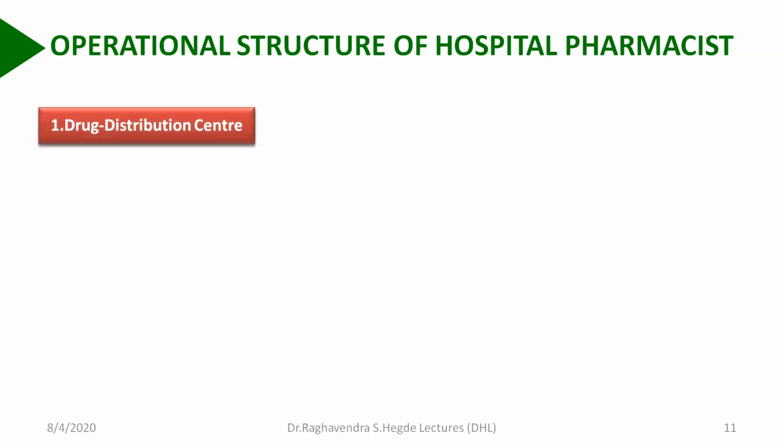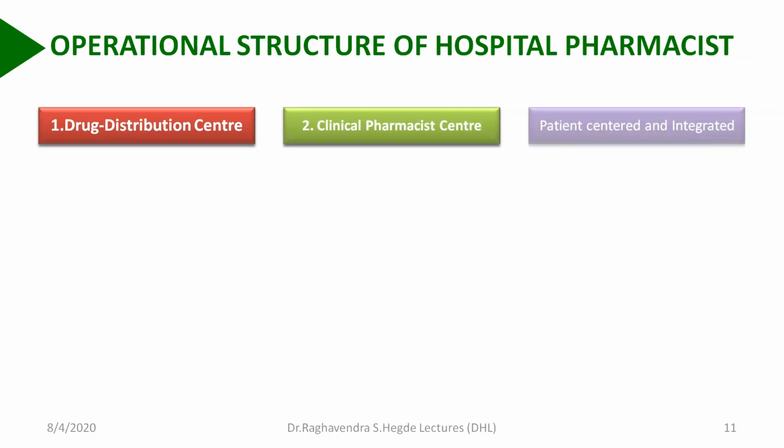Overall, a hospital pharmacist can be categorized as working in three major operational structures. One is the drug distribution center, second is the clinical pharmacist center, and third is the patient centered and integrated.